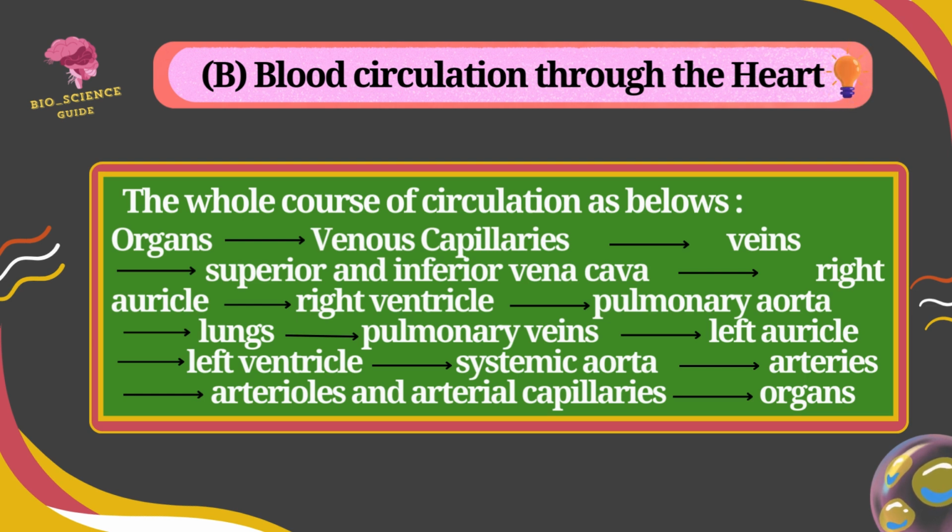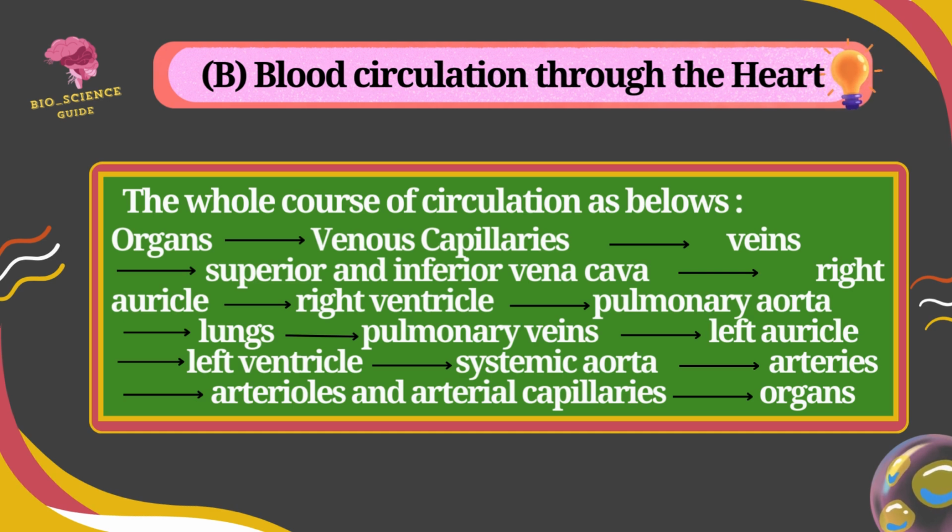Now, the blood gets oxygenated in the lungs, and the oxygenated blood is returned to the left auricle through the right and left pulmonary veins. The pure, oxygenated blood from the left auricle is passed into the left ventricle through the bicuspid valve.